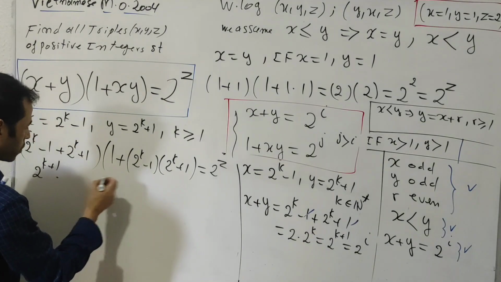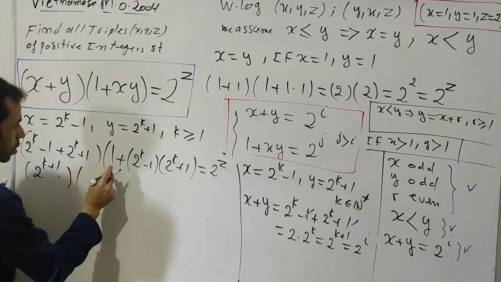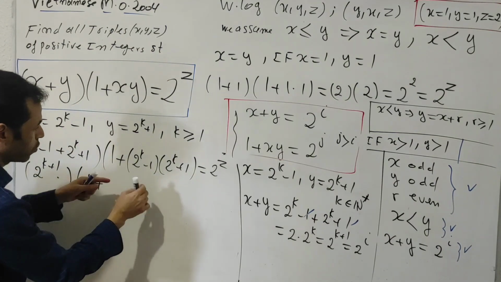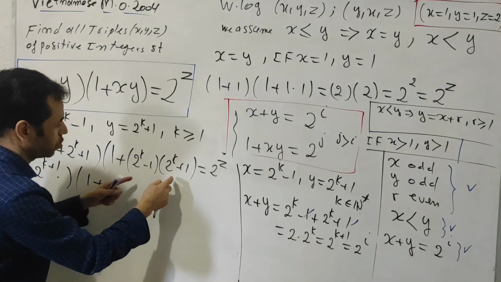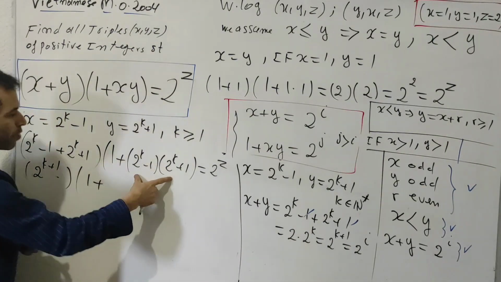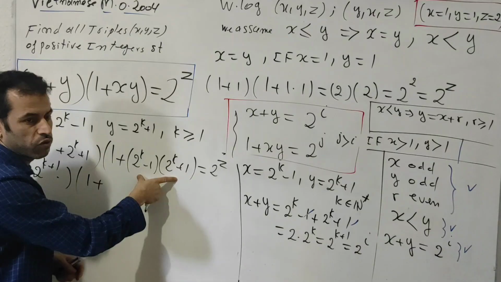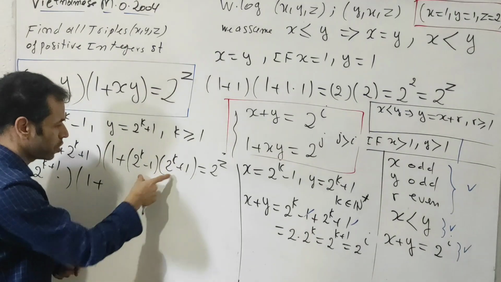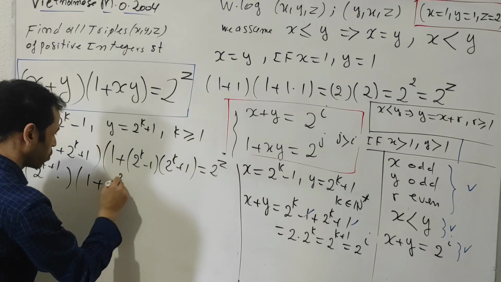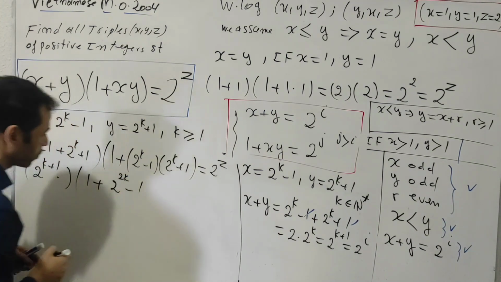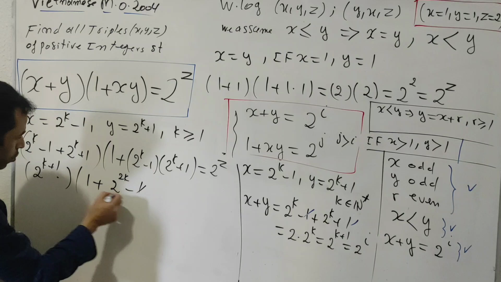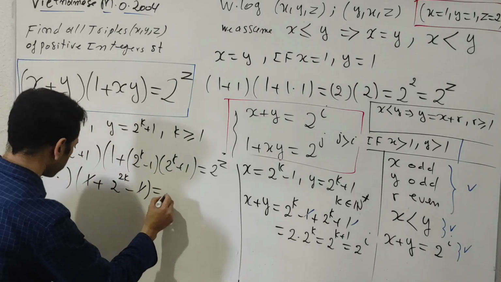Factor this one. I'm going to distribute this one. This is the difference of two squares. This one is written in the form of a product of a difference of squares. So we'll have 2 to the k minus 1. Okay, this minus 1 will be cancelled out with this one.